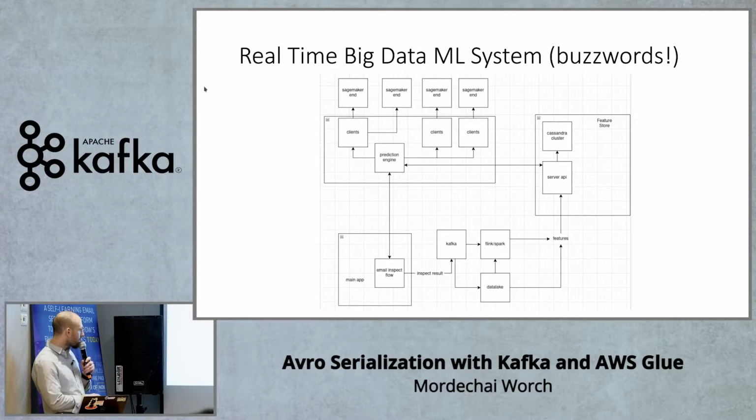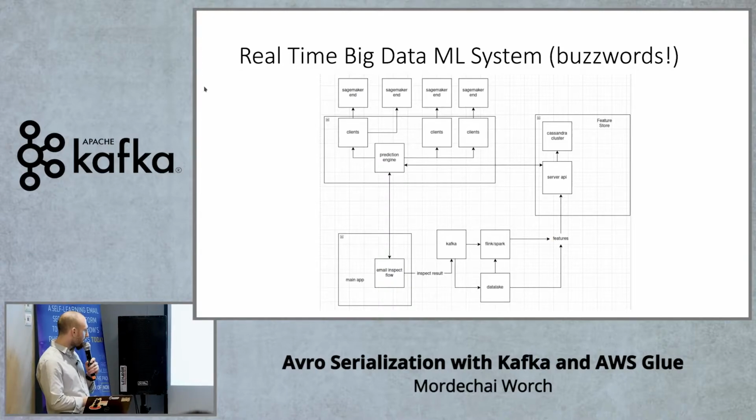We take those emails, we push them to some Kafka topics, we have some stream and batch pipelines, we write them to a data lake, then we extract them, put them in a feature store, and then we have some key value real-time feature store. Then we have some machine learning engine stuff here, which basically takes the information from the feature store, takes the emails from the inspect flow, makes a prediction.